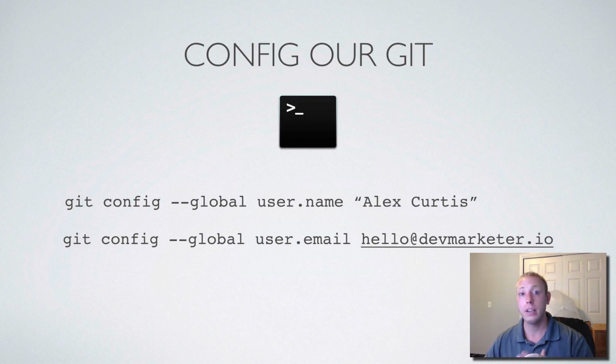Next, on the next line, you can go ahead and type git config again, --global, just like before. This time we're going to type user.email, which is going to set the global email that you want to use for your signatures. And then you're going to do the email address, but no quotations this time, okay? You can see my example here of how I did it. Go ahead and click enter, and that's going to save that.